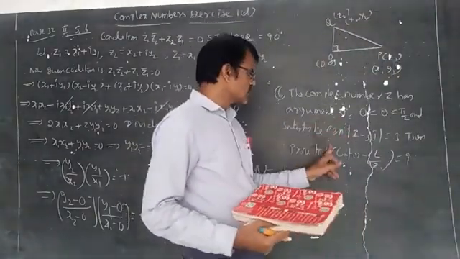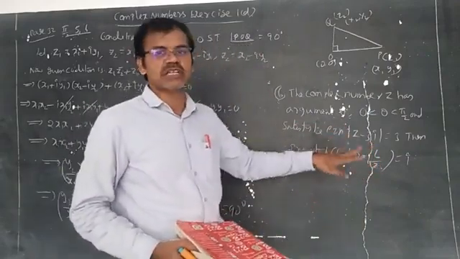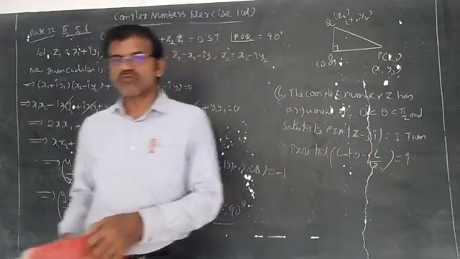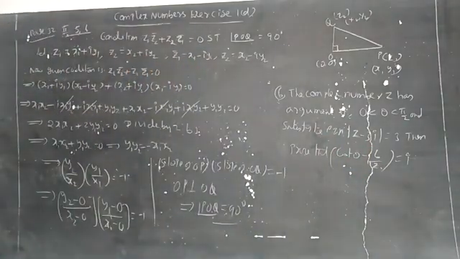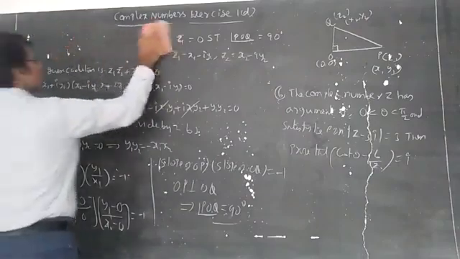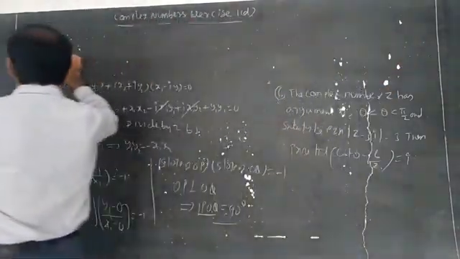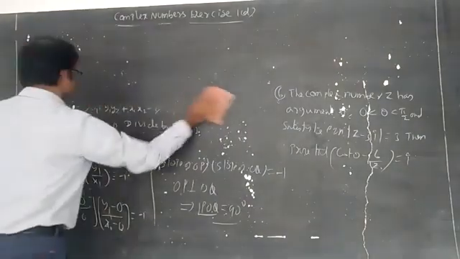Given the argument satisfying this complex number, we have to convert the complex number into argument form, that is the modulus amplitude form. So we consider z is equal to x plus iy in the form of r into cos theta plus i sin theta.